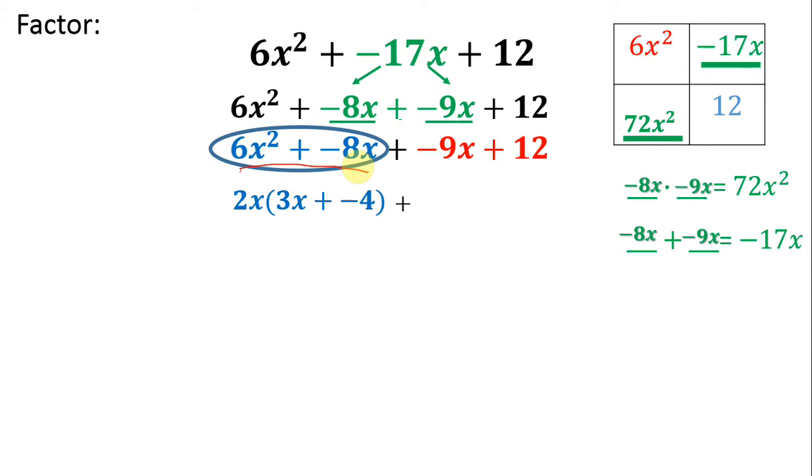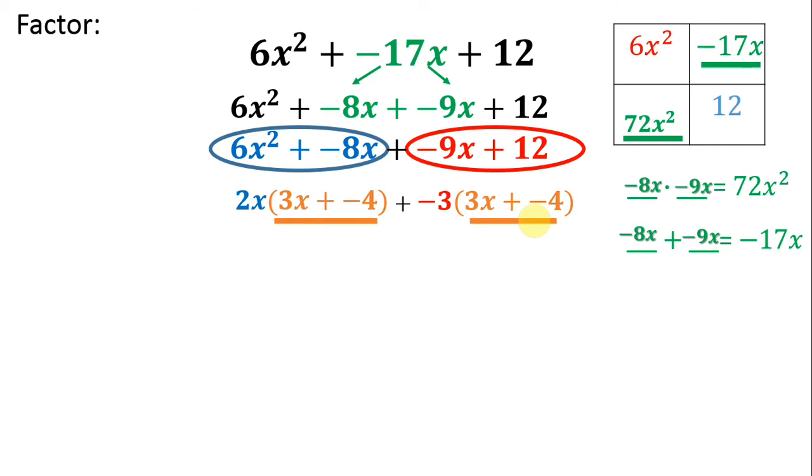The next thing that I'll do is factor out the greatest common factor of my other two terms. The greatest common factor between these two terms is negative 3. And negative 9x divided by negative 3 is going to give me positive 3x. And 12 divided by negative 3 will give me negative 4.